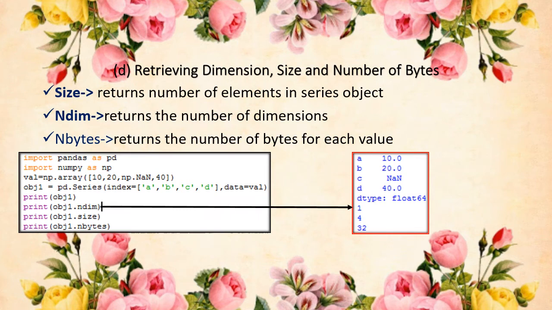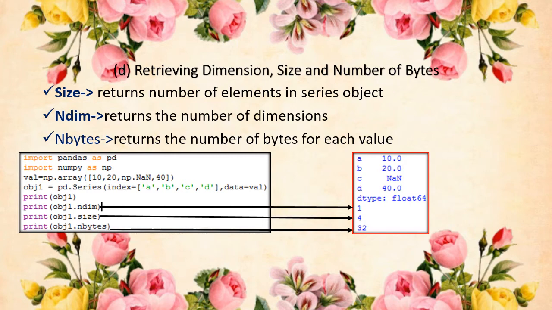Size displays how many elements, like shape. nbytes shows how many bytes are required. It is a float, so float requires 32 bytes for each element in the object.